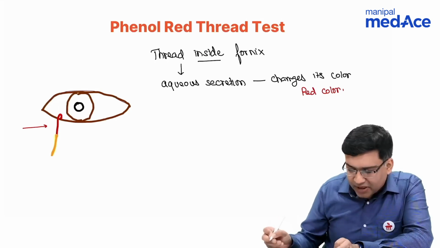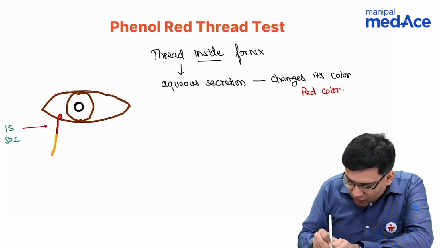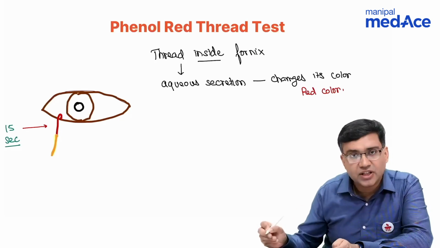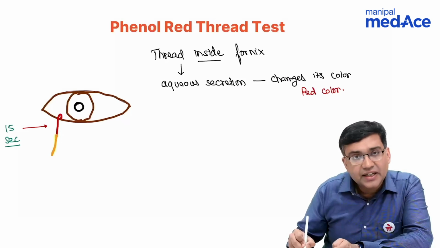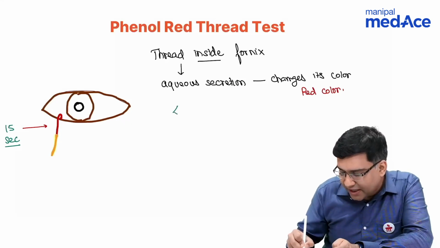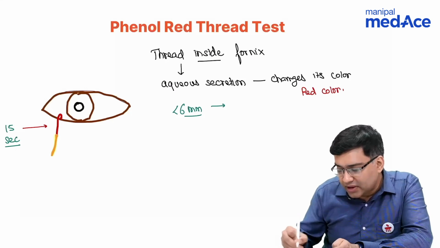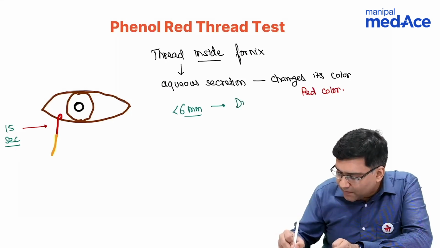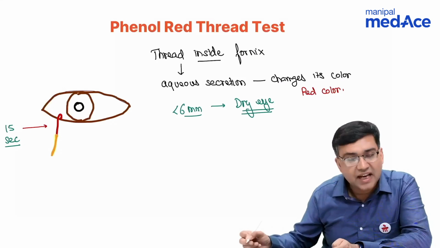After some time, that is 15 seconds, we see how much is the change in color. Depending upon this change in color, we can define that this patient is having a dry eye. Less than 6 mm of change in color in a phenol red thread test means that the patient is having a dry eye.